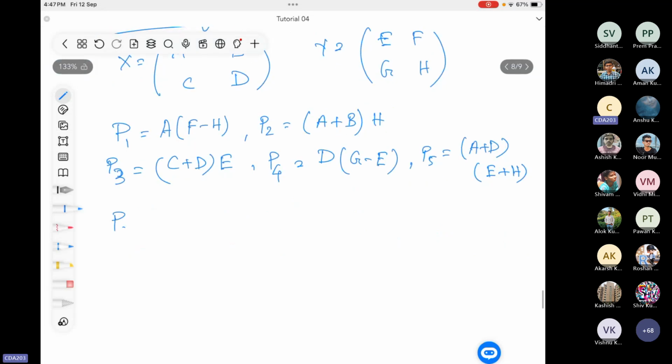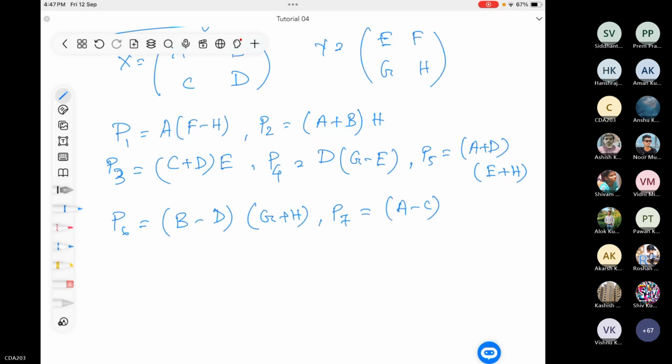Okay, P6 is B minus D times E plus H, P7 is A minus C times E plus F. Okay, so we have these matrices.